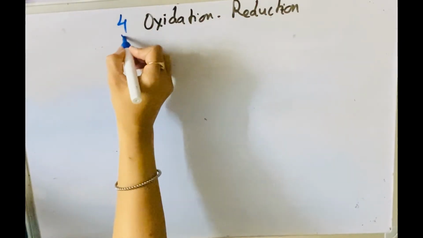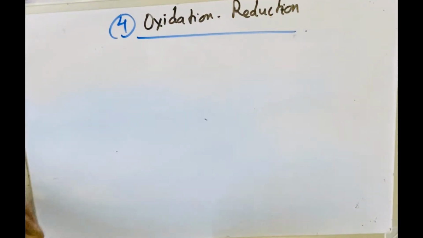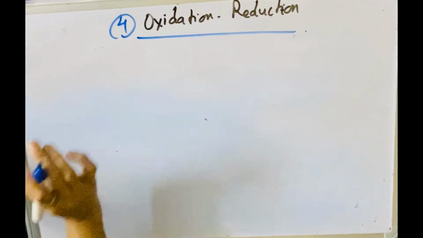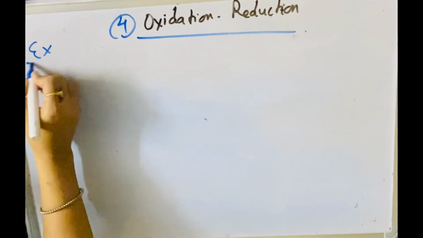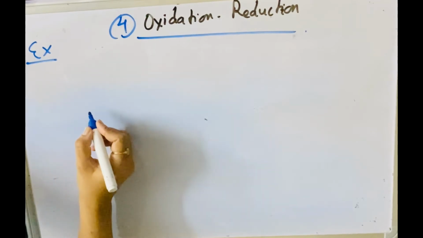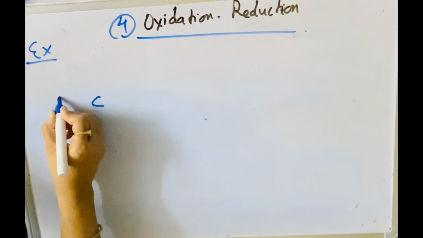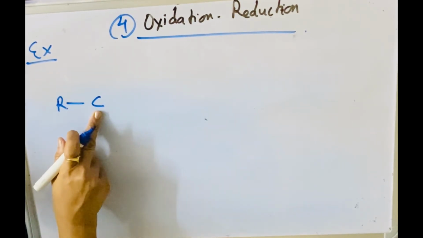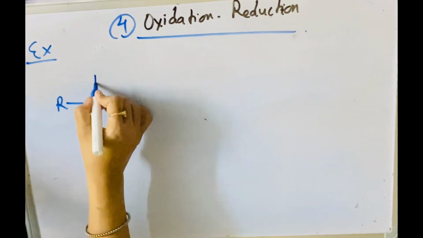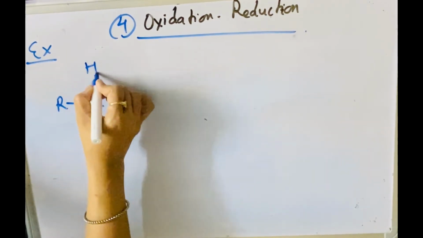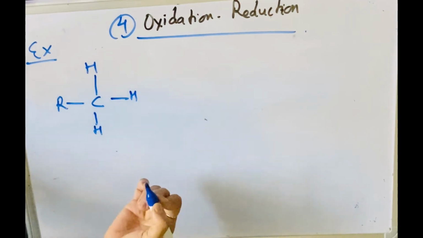Let's take the fourth category, oxidation reduction reaction. First take the example of an alkane, a primary alkane. This means the carbon is attached with one alkyl group and the rest are hydrogen atoms.